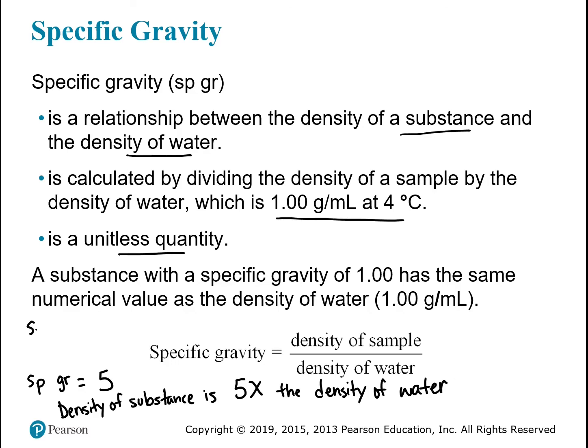If your specific gravity is equal to, say, 0.5, your density of the substance is half the density of water.